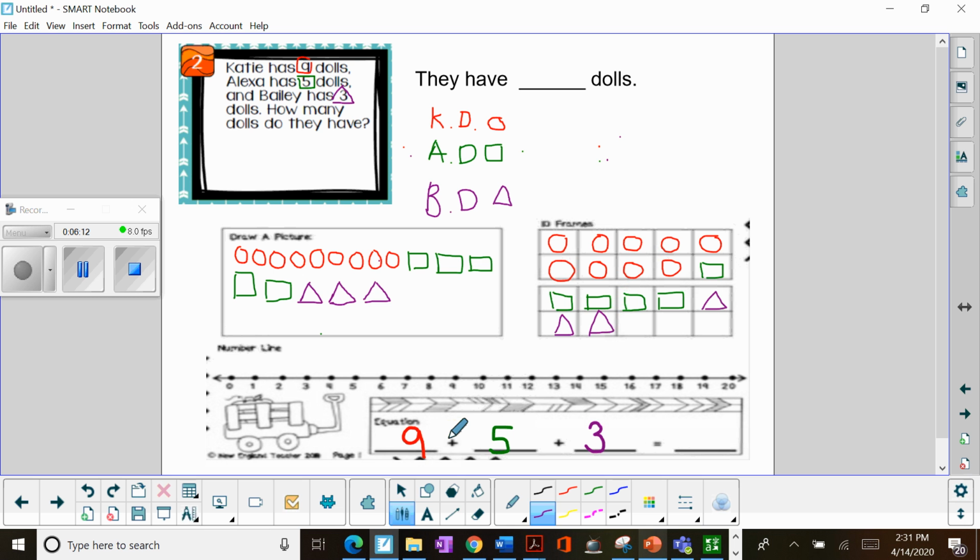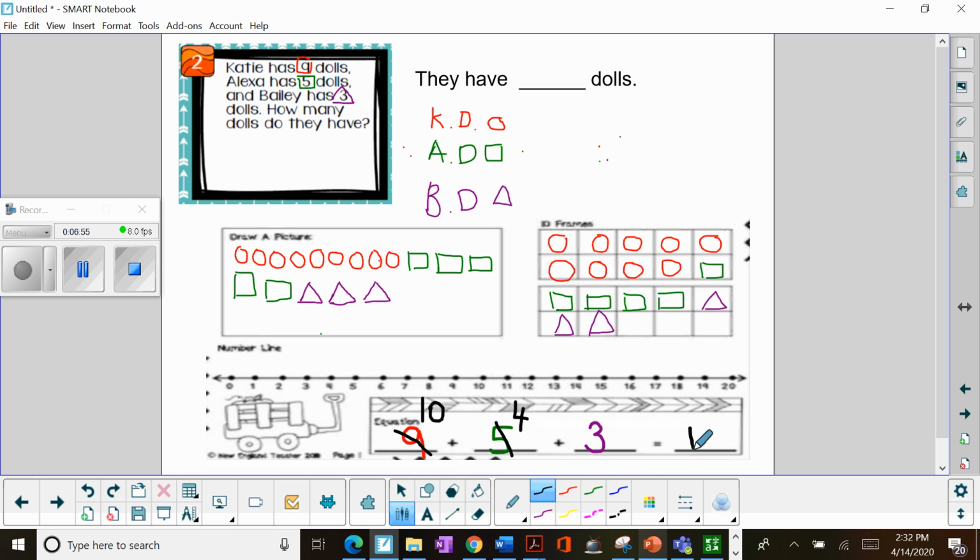Well, I know 1 more than 9 is 10, so I'm going to change this to 10, and I'm going to take 1 away from this 5, because that's what I used to add to the 9 to get 10. So if I take 1 away from 5, now I have 4, okay? Now I know 10 and 4 more is 14, okay? And then I know that 14 and 3 more, so I'm going to put 14 in my brain, put up 3 fingers, 15, 16, 17.